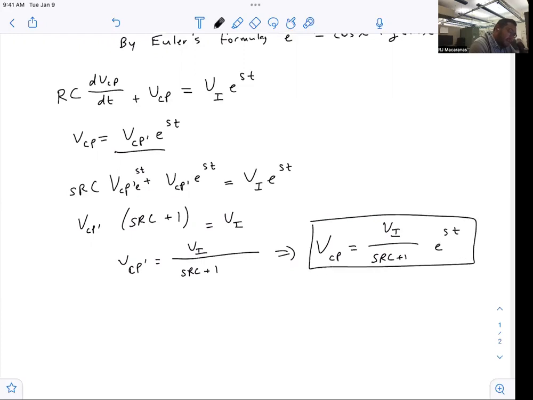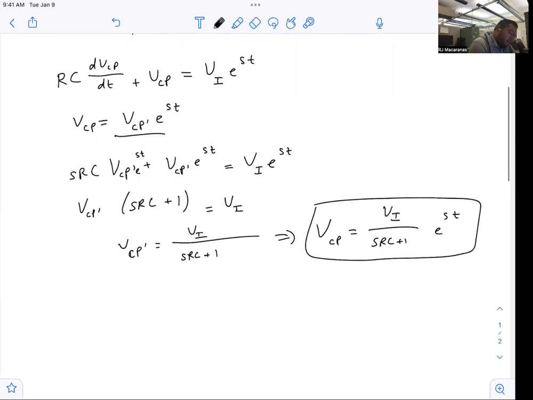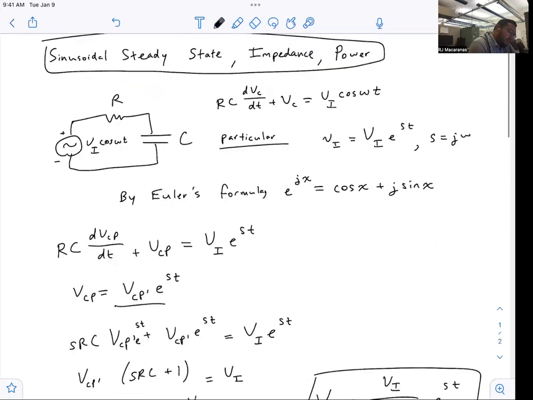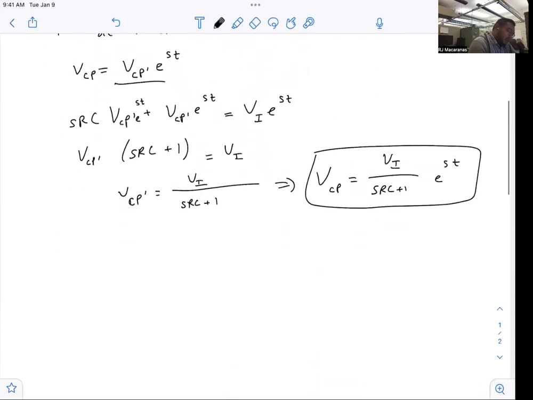So there is our particular solution, and taking the real part of this will give us the solution that we desire. It's the real part of Vcp, so Vi over sRC plus 1 e to the st plus whatever our homogeneous solution is.